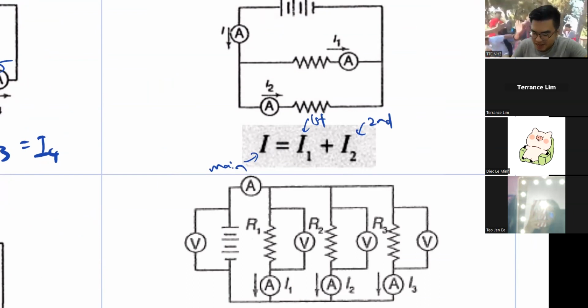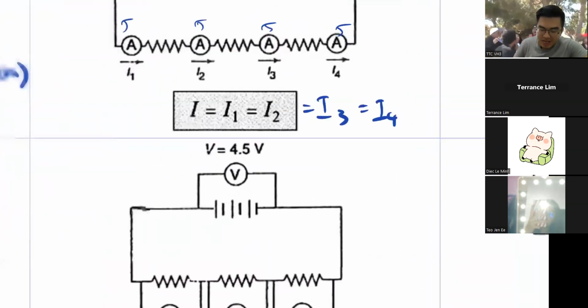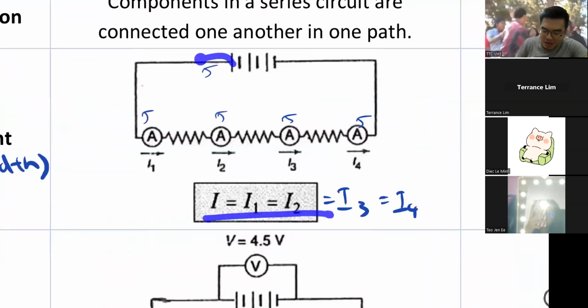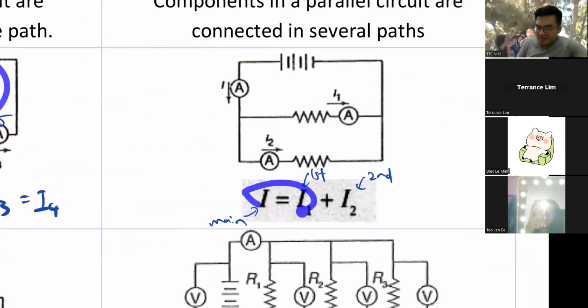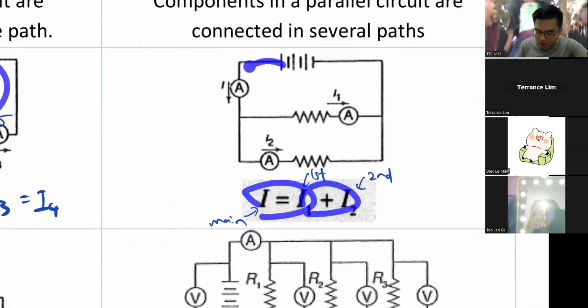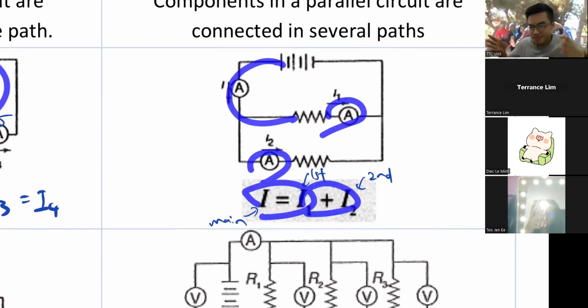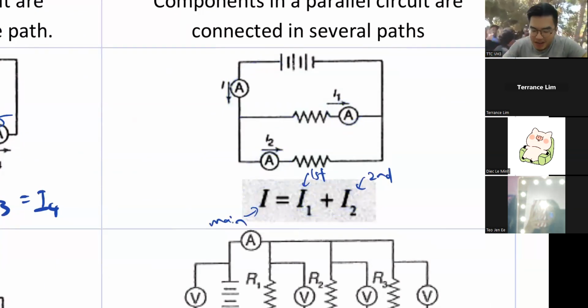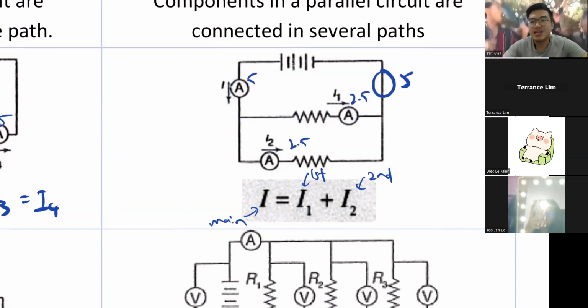That's why it's plus. That's why it's equal here, because same width. It's plus here because the two widths add together. If this is 5 here, this is 2.5 and 2.5, and this is 5 here again. 5, 2.5, 2.5, 5.